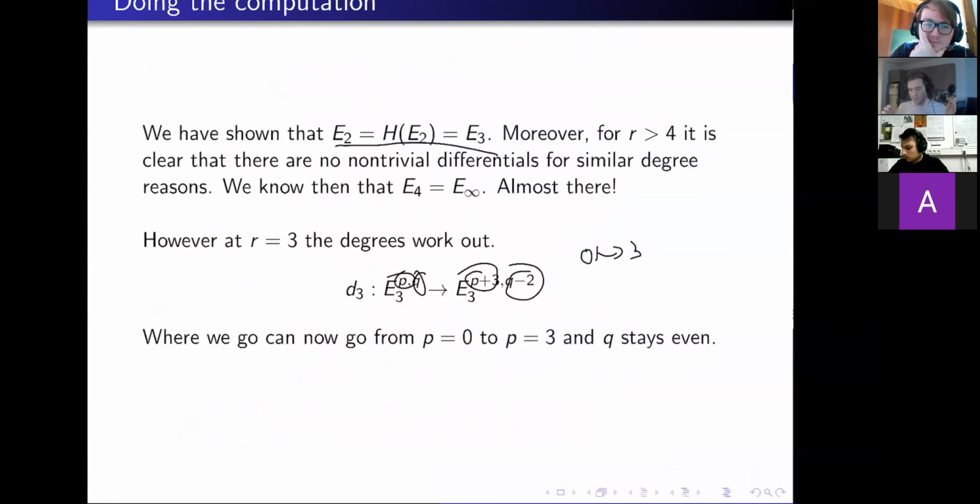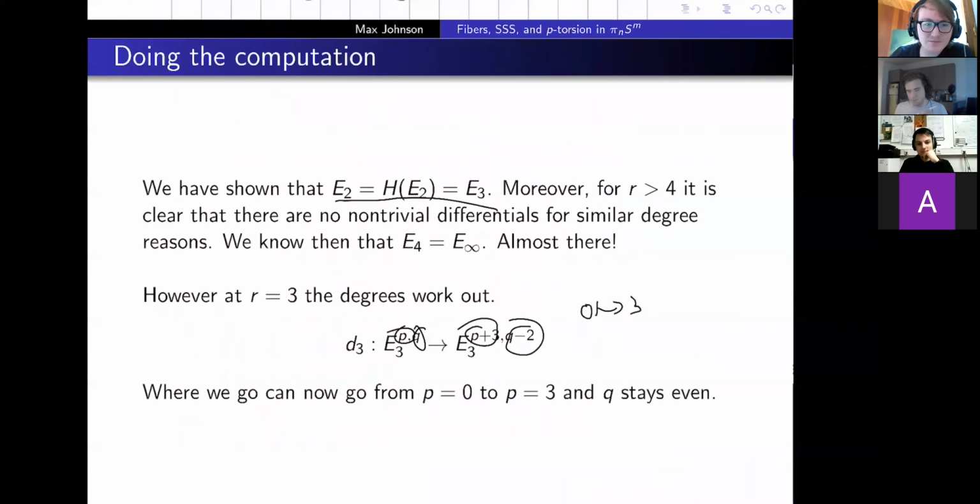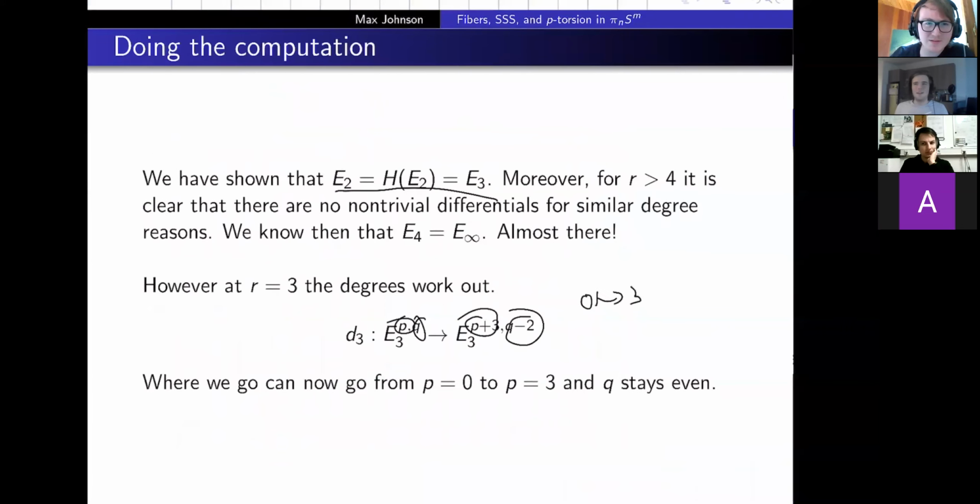Okay, so before I get into computing D3, are there any questions about what I've just covered? Could you go back and just show us the definition of the differential of the Serre spectral sequence again? The issue is that it's like a connecting homomorphism.